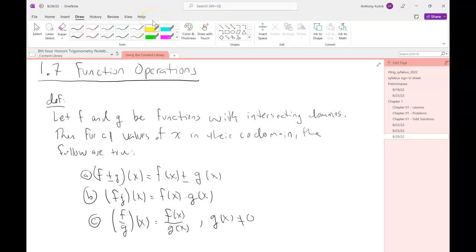What's the weird part of this definition? Why do they have to have intersecting domains? Why is that the first thing stated?